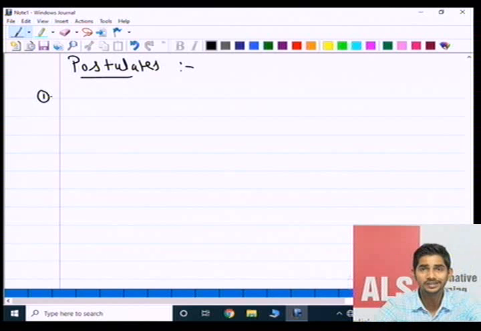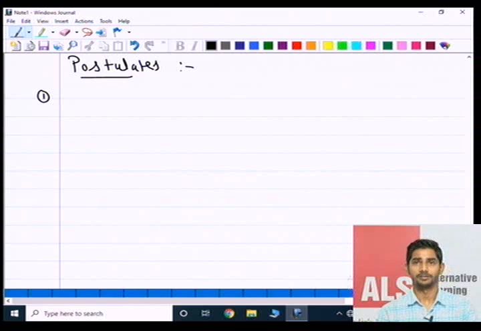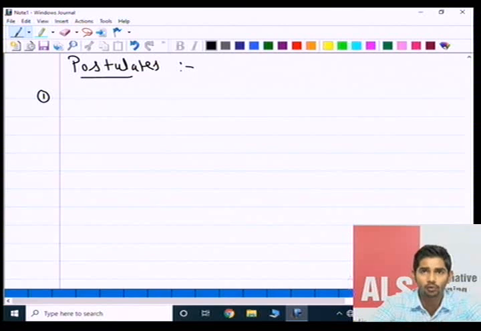The first postulate says that the shape of the molecule depends on the electron pairs, which are bonded or non-bonded. These electron pairs surround the central element. In a molecule, the central element is present at the center, and all the other electron pairs, whether in the bonded state or the non-bonded state, will surround the central atom.